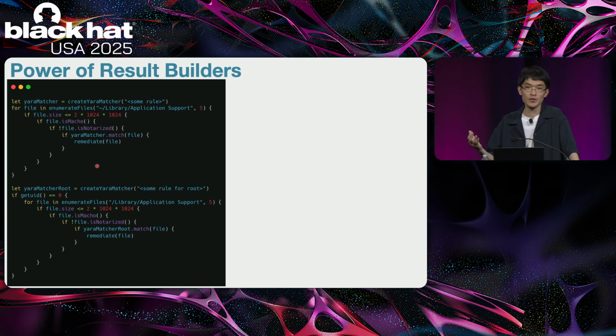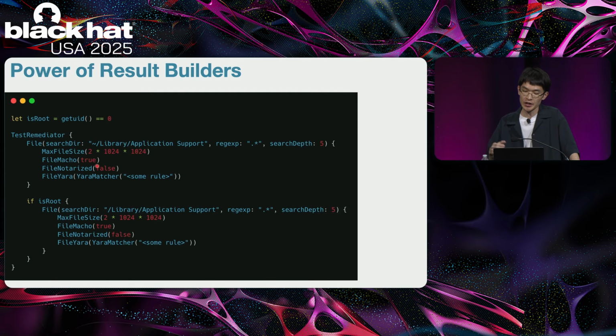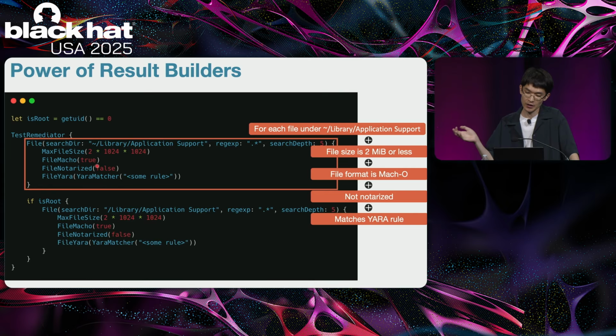So what happens if we apply this idea to remediation logic? Remember the example from earlier. By using a DSL provided by result builders, we can express this much more clearly. Here's what the same logic looks like. You can clearly see what conditions are being checked.